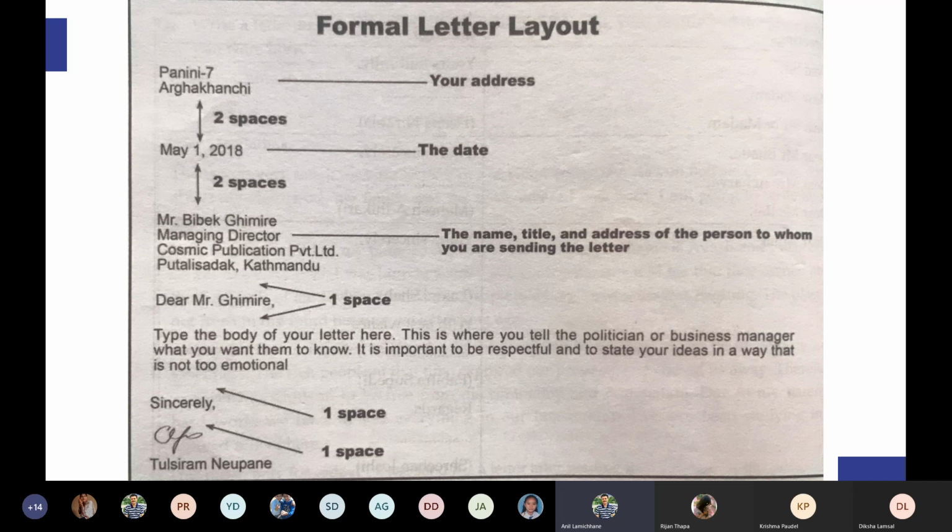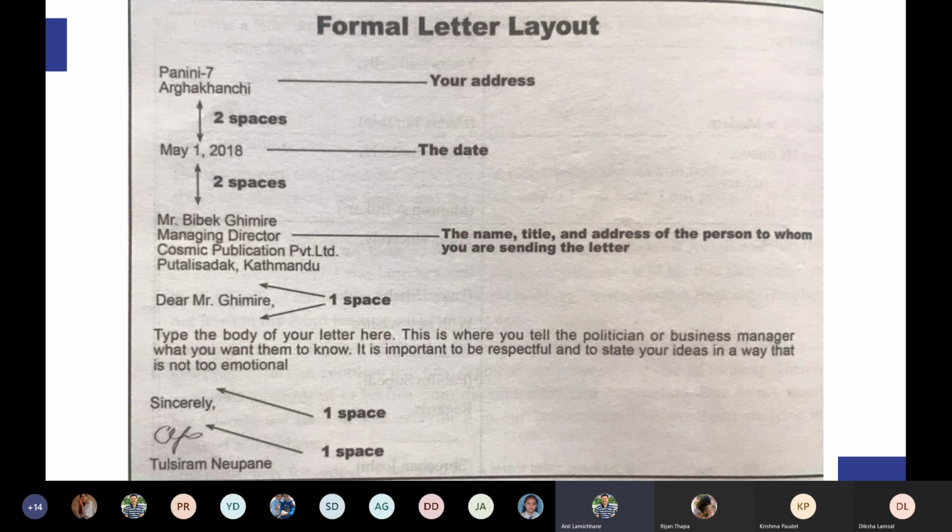And then have the body of your letter here. Body paragraphs you have to write there. This is where you tell the publication, political or business manager what you want them to know. It is important to be respectful and to state your ideas in a way that is not too emotional, straightforward. In a personal letter that can be emotional also, but here straightforward.